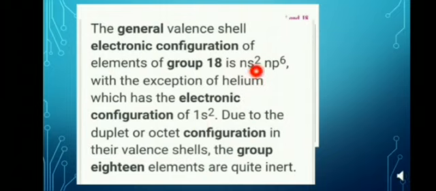Due to the completely filled orbitals, these elements have no tendency to lose or gain electrons. Hence, they do not take part in chemical reactions and react with very few elements under certain conditions. These elements are unreactive under ordinary conditions.